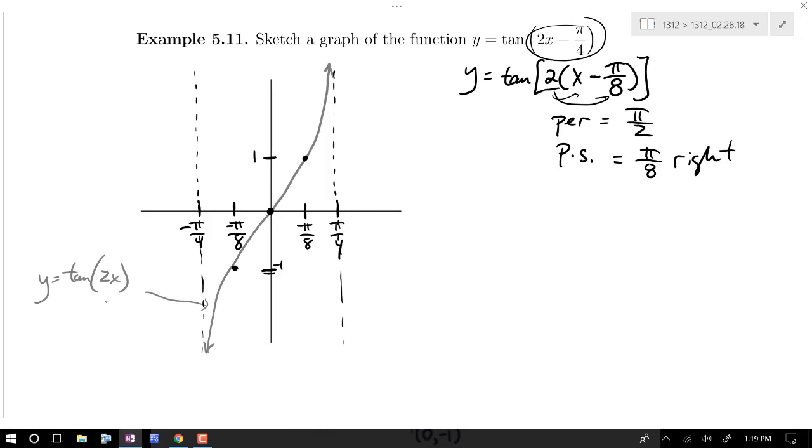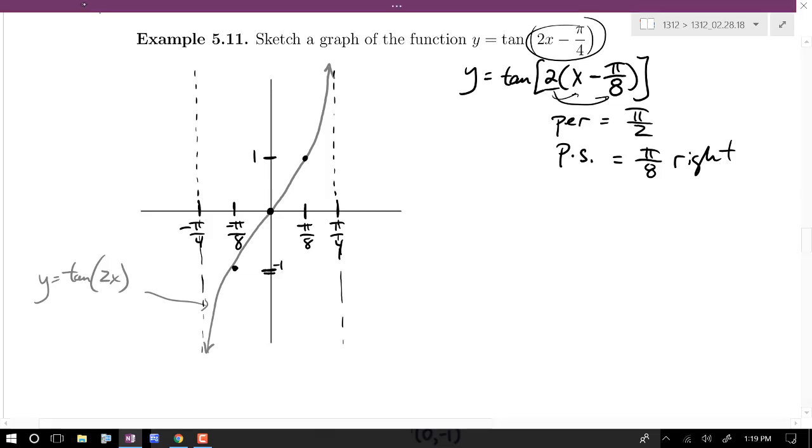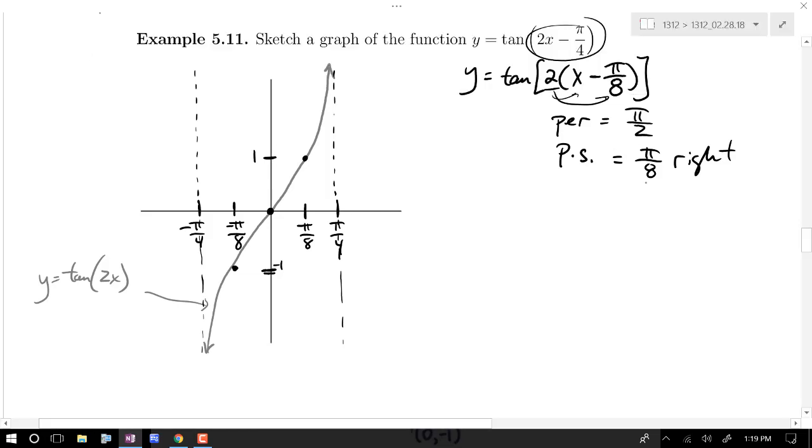So now I'm just going to work in the phase shift. Working in the phase shift, pi over 8 to the right, that means I'm going to slide everything over by pi over 8 units, including each asymptote. So I've got an asymptote here. Pi over 4 plus pi over 8 is 3 pi over 8.